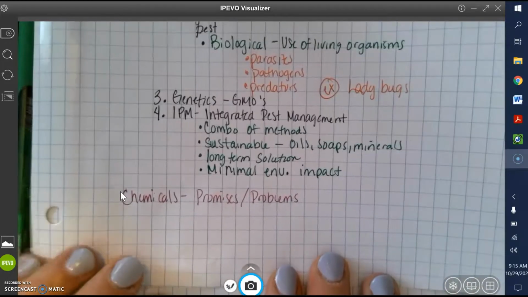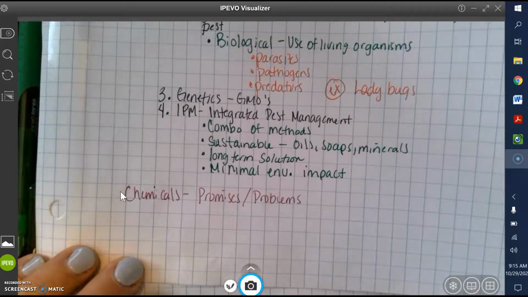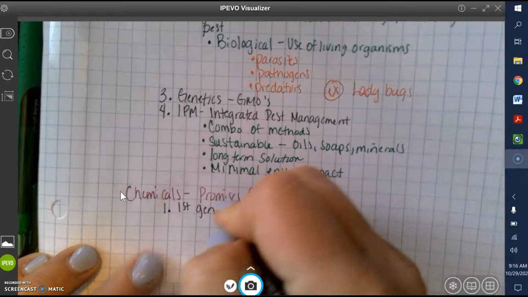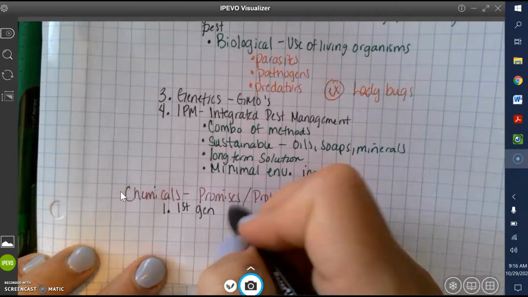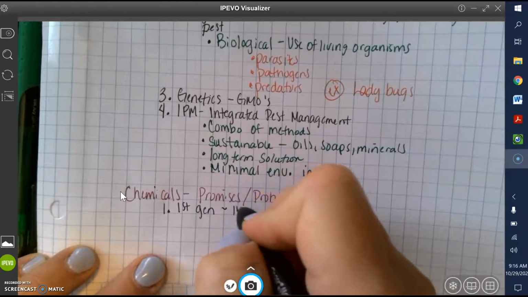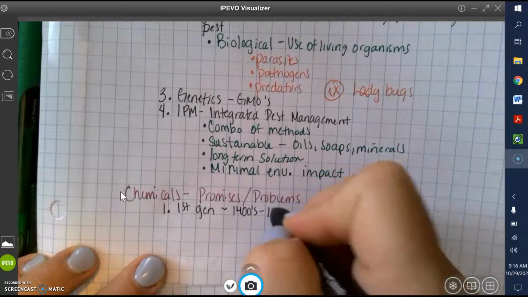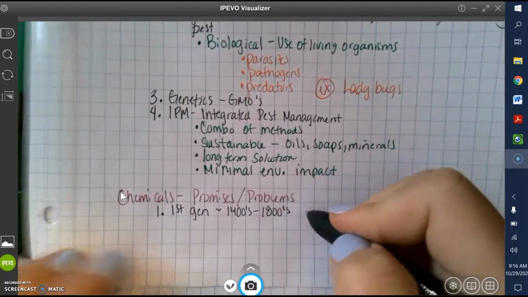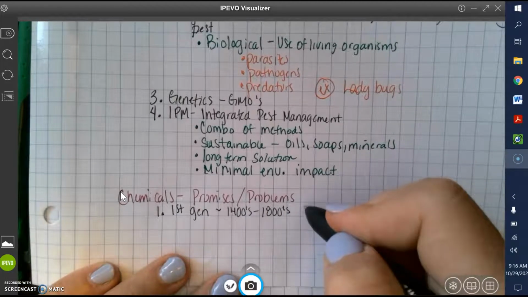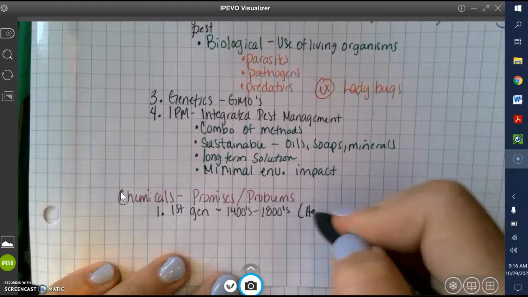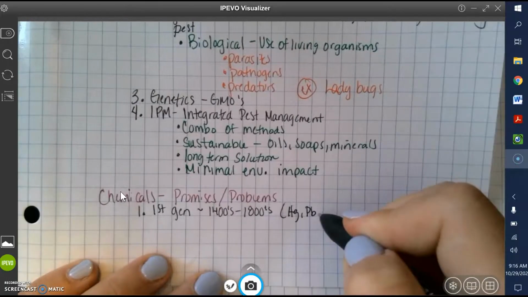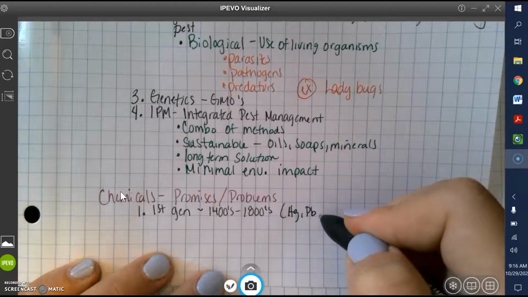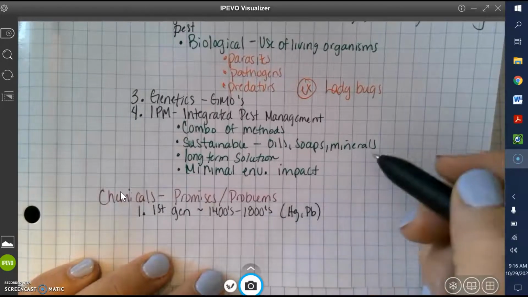So when we talk about chemicals, first of all, we've got chemicals from a long time ago, our first generation chemicals, from anywhere from about the 1400s to the 1800s. These first generation chemicals, especially early on in the 1400s, were things like mercury, lead, maybe some silver, but mercury and lead, we'll just leave it at that.